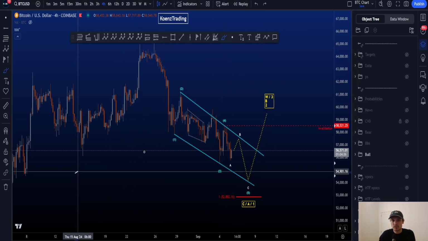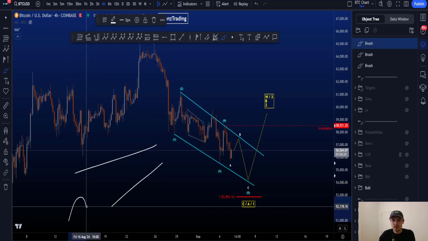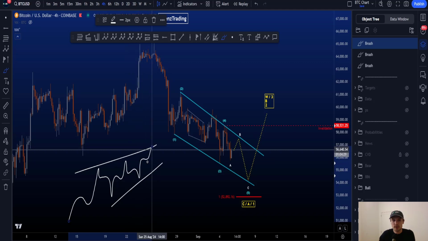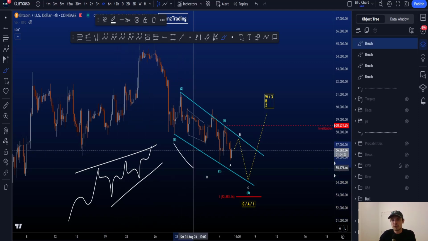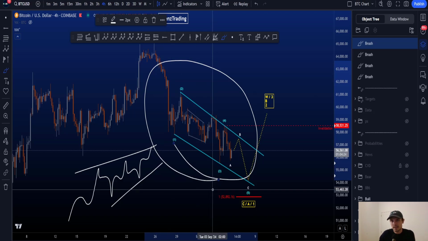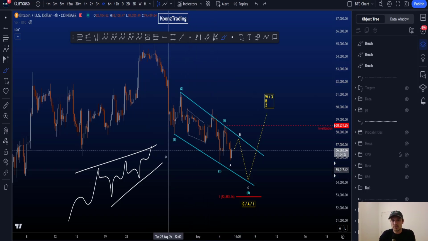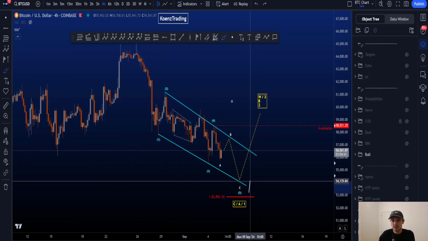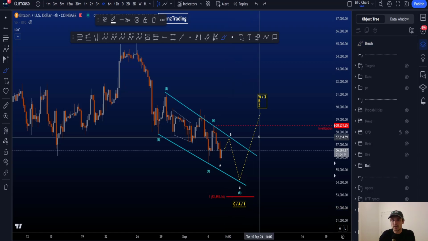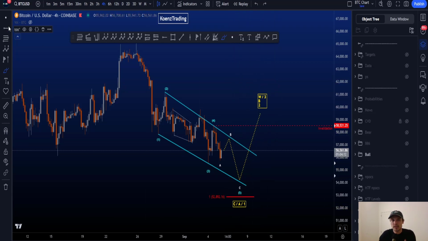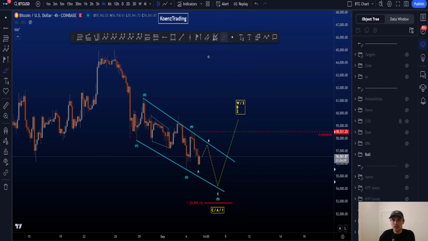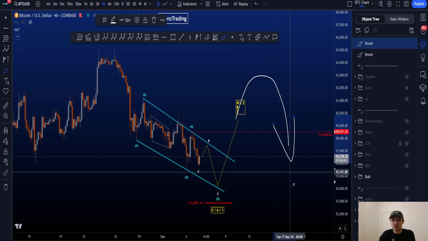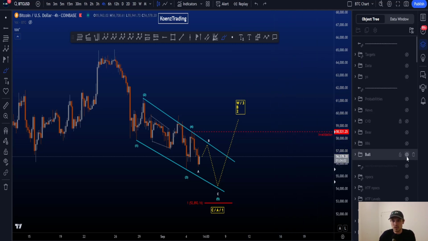An ending diagonal can only be a diagonal where all of the subdegree counts are 3-wave structures, 1, 2, 3, 4, and 5, which means that the moment you count 3-wave structures in a diagonal, both of these are an option, a leading diagonal as well as an ending diagonal, and therefore we can count this diagonal as a wave C, A, or 1, and then the move towards the upside is going to decide the probabilities for continuation to the upside to take out 65k or continuation to the downside for potentially new lows.